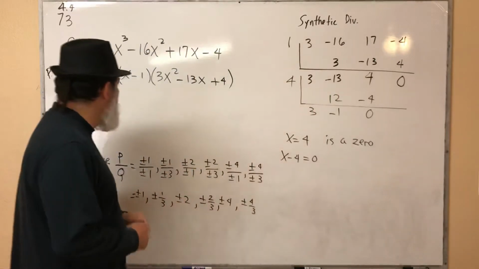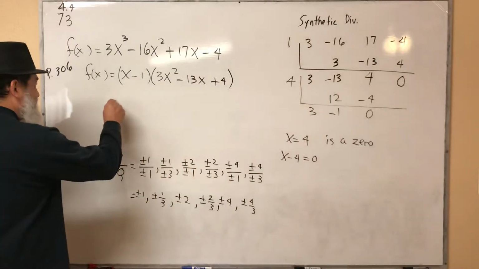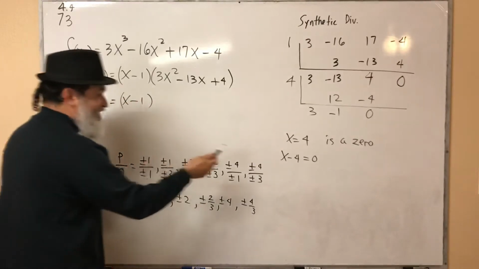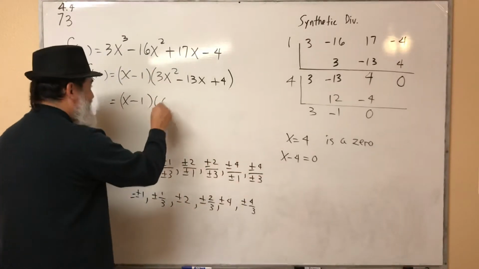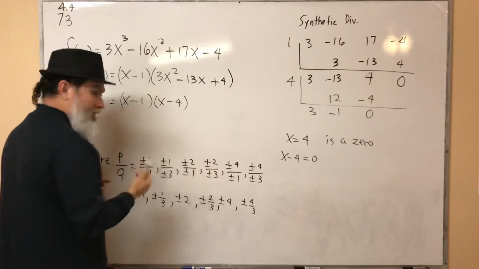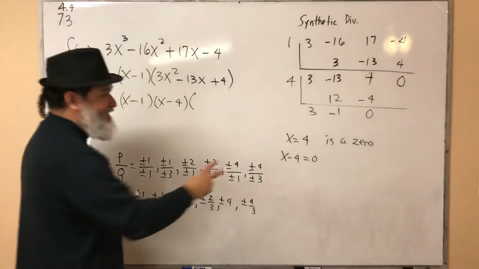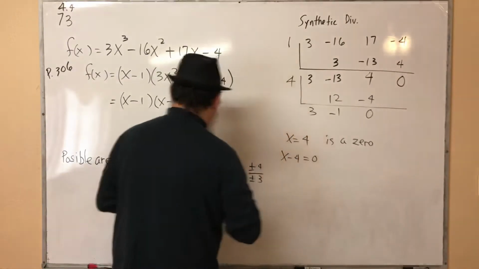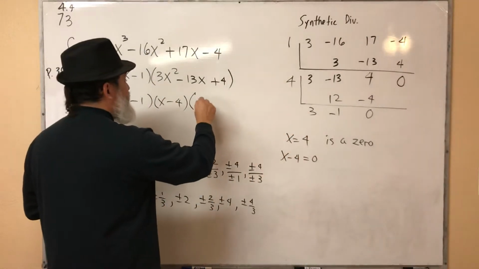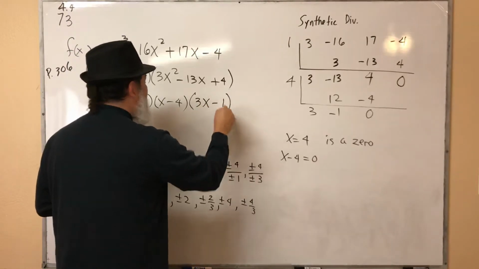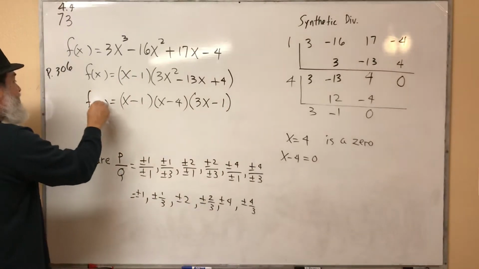So x minus 1, and now x minus 4, times what? You tell me. Times 3x minus 1. That equals f of x.